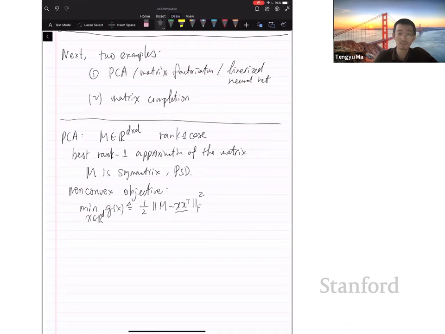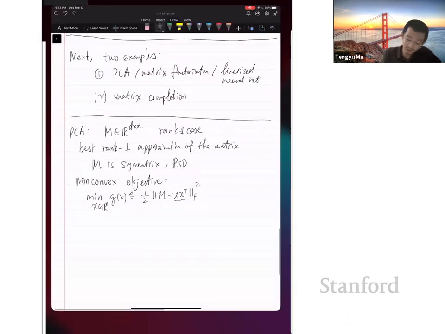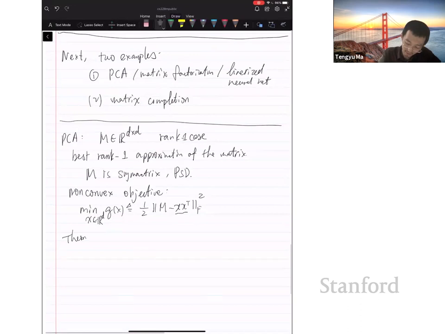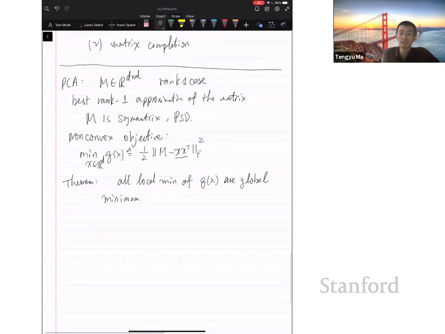So our goal is to show that even though it's non-convex, all local minimum of this g are global minimum, under the assumptions that we have mentioned, right? So rank 1, PSD, and so on and so forth.